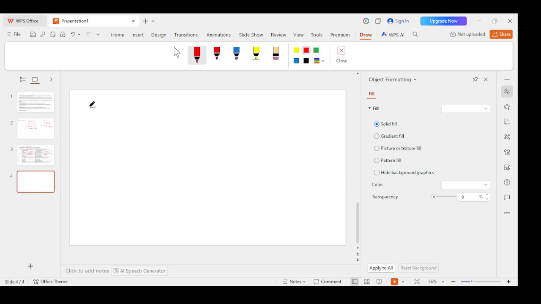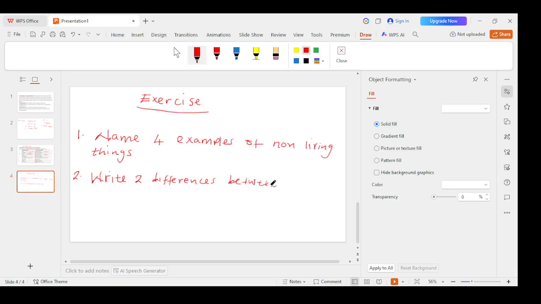Number 2, write 2 differences between living and non-living things.